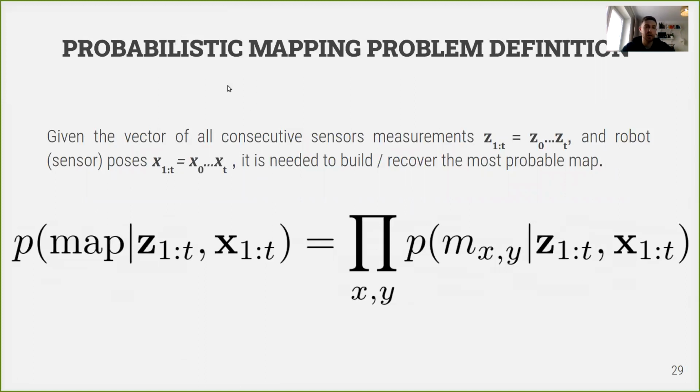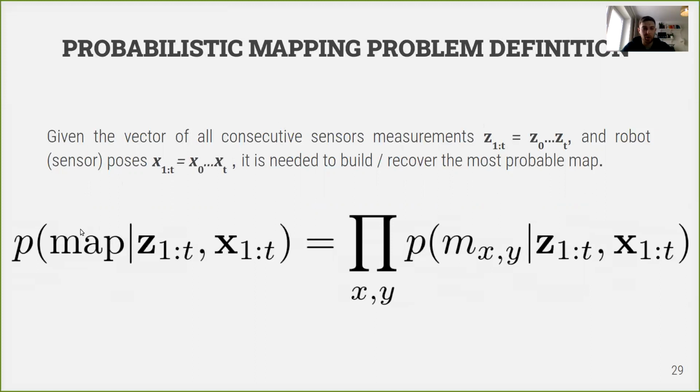And as usual, we will discuss the probabilistic mapping problem definition. We already discussed the classical problem statement, and here is the probabilistic one. Given the vector of all consecutive sensor measurements, Z, and robot poses, or in this case, actually, what is important for us is not the robot pose itself but the sensor pose, which we use for mapping, X, we need to build or recover the most probable map.